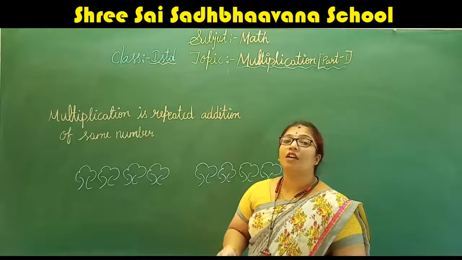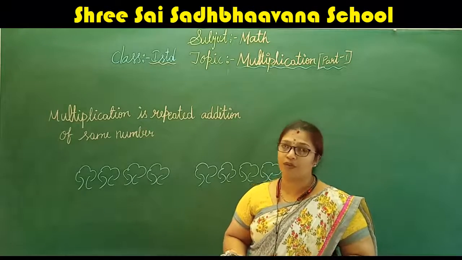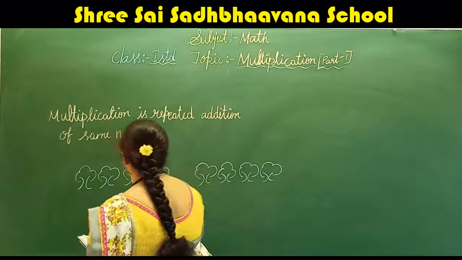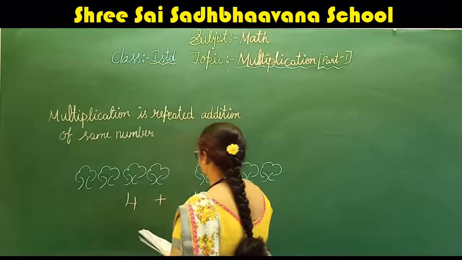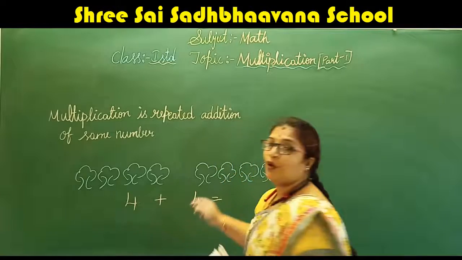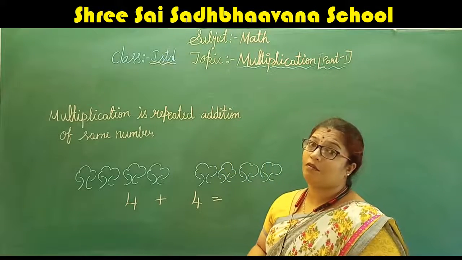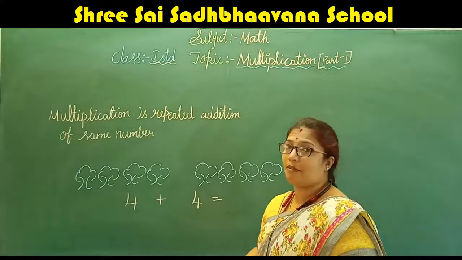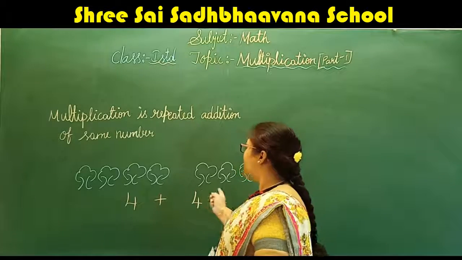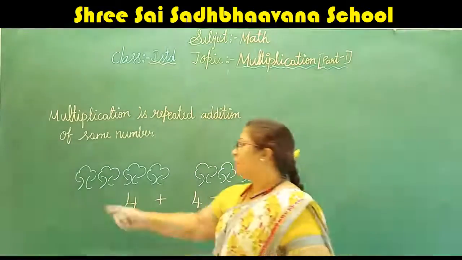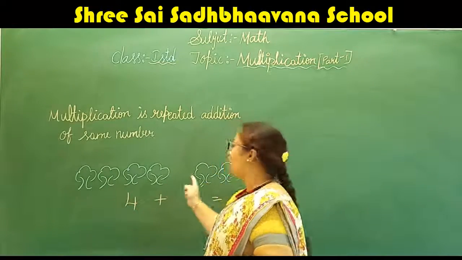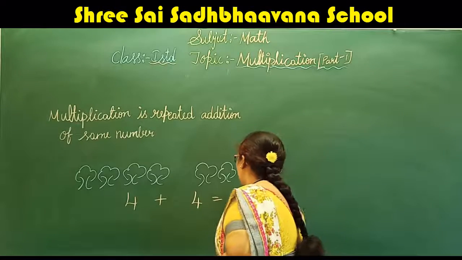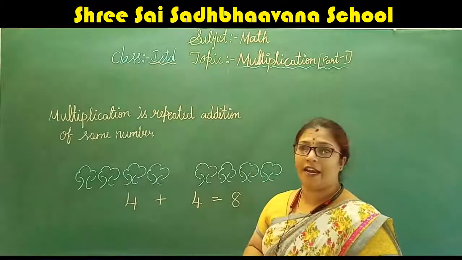So here we have 4 plus 4. Repeated addition is called multiplication, right? 4 plus 4 is how much? 1, 2, 3, 4, 5, 6, 7, 8. Right, children? So we write here 8.